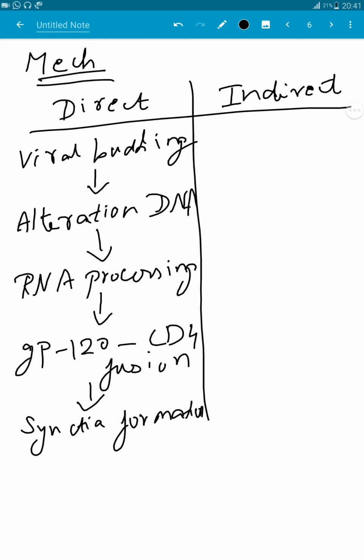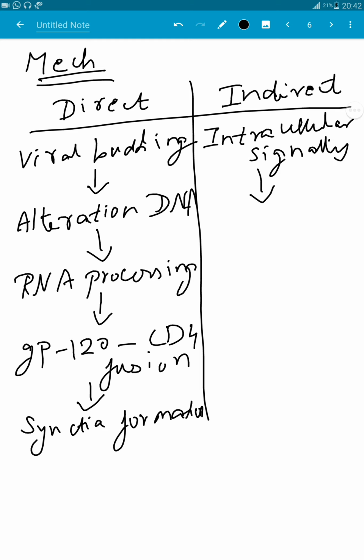Indirect type is by autoimmunity. First it causes intracellular signaling, followed by behaving like autoimmunity. What is autoimmunity? Destroying the body's own cells.